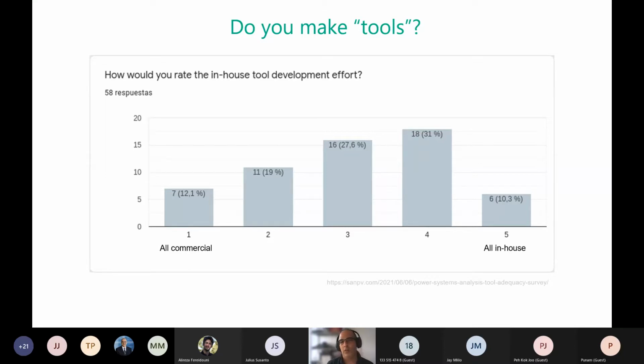We usually have some in-house developments. We also have some in-house, let's say, open source adoptions, but most of that is based on commercially available software. We have a number of programs that run upon PSSE or DIgSILENT or any other program, and that is the majority.